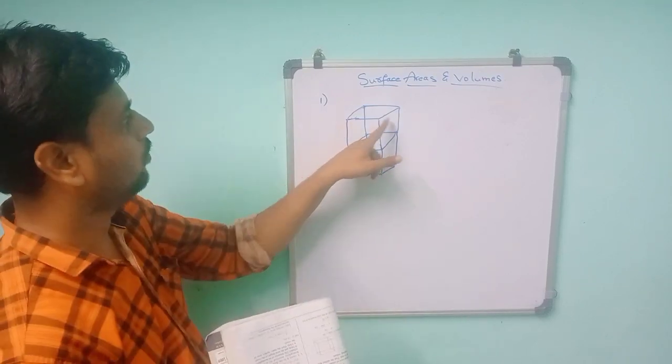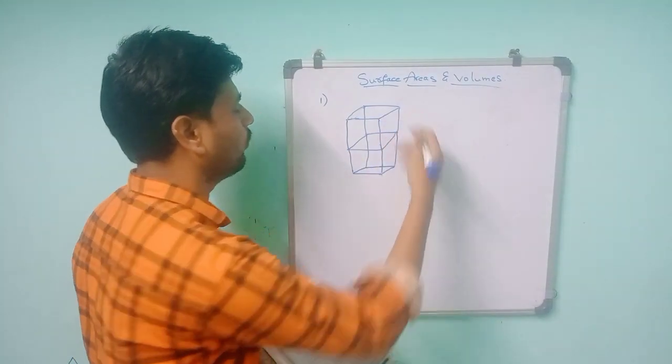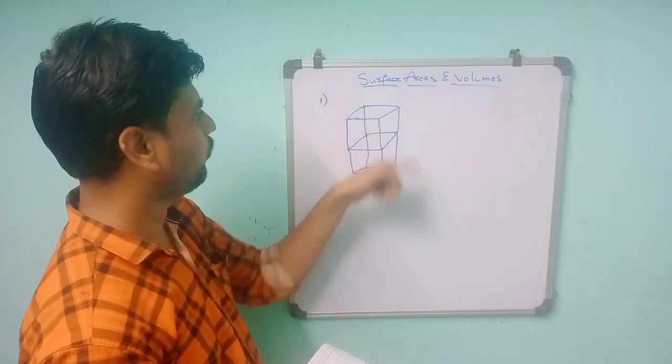So this is made of two cubes. Actually, my diagram is not clear, so please excuse me for that. So two cubes are joined.